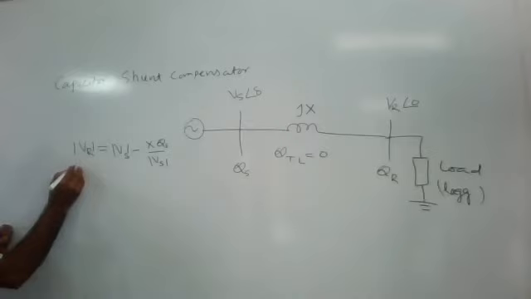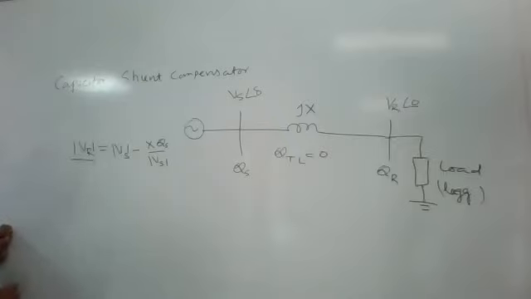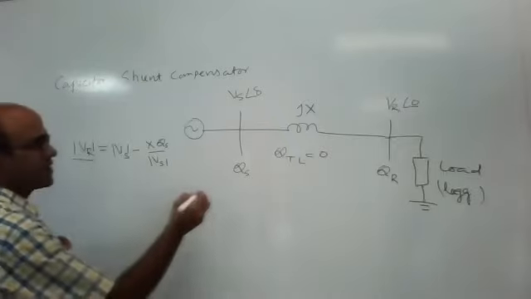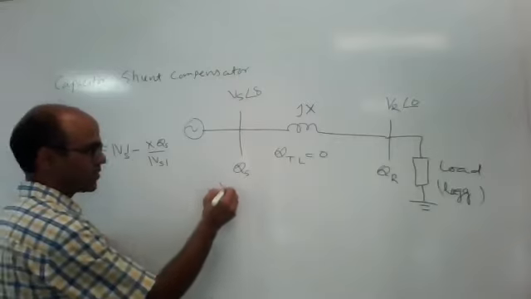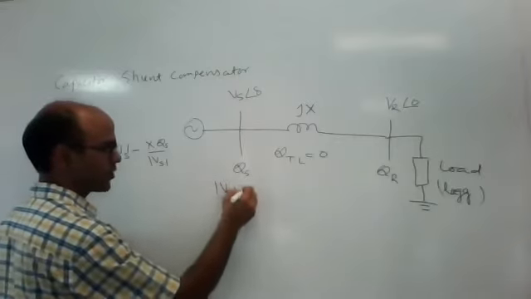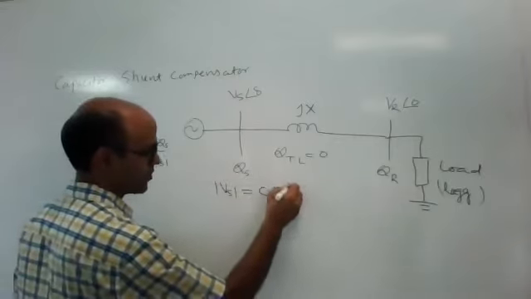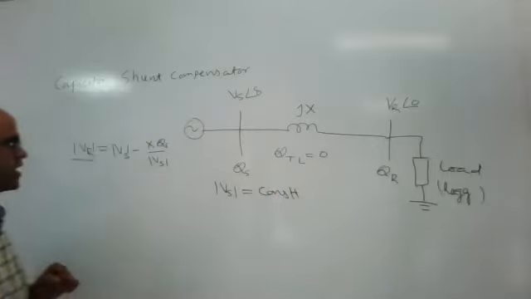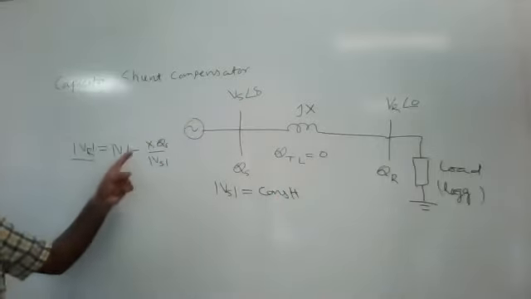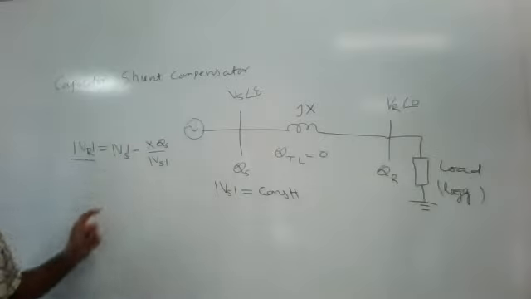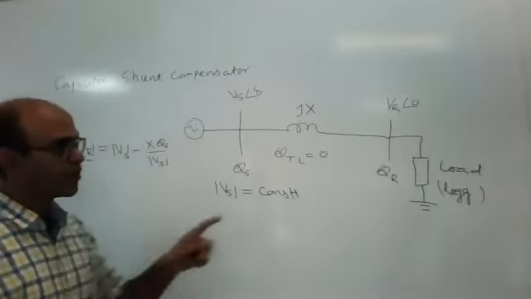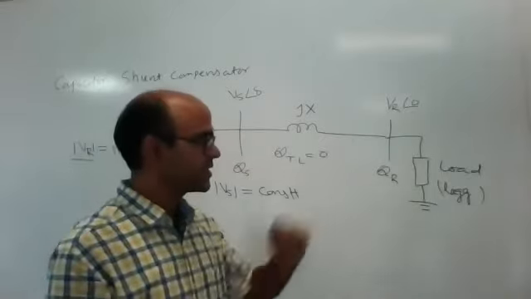What we want, our objective, is to maintain the receiving-end voltage constant. Since this is a generated voltage, it is always constant. Synchronous machine voltage is constant. Now this is constant, this is constant, so we can only change X or Q. So by this we can change Q.